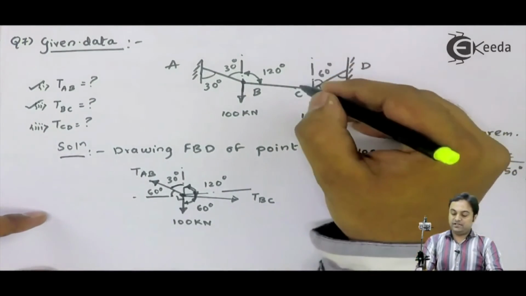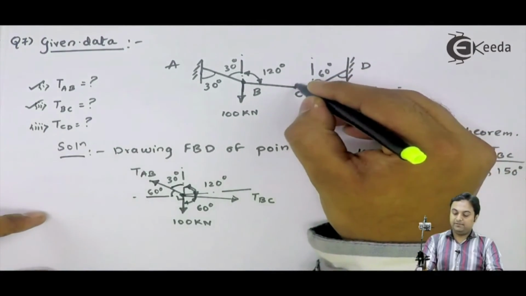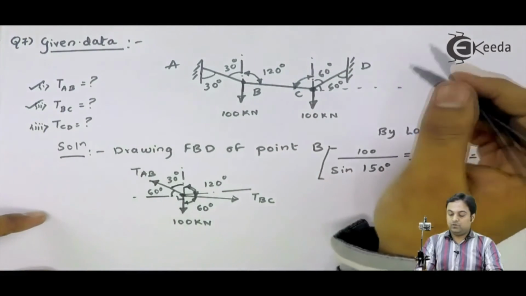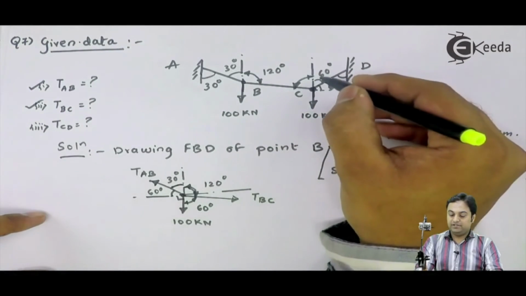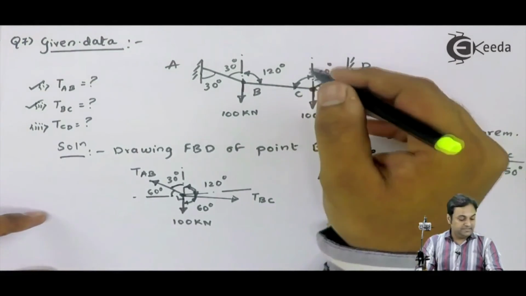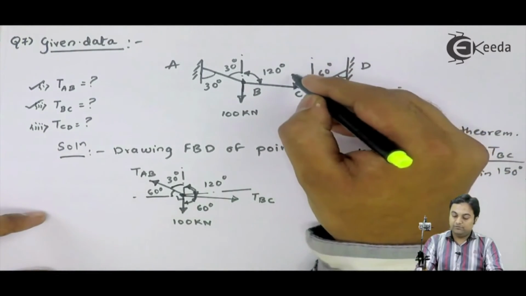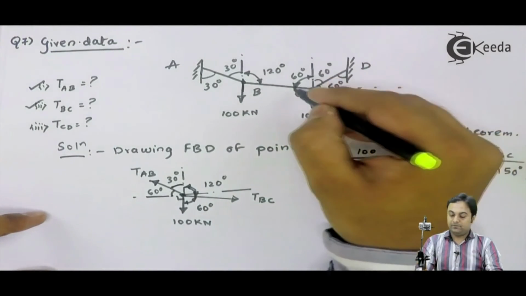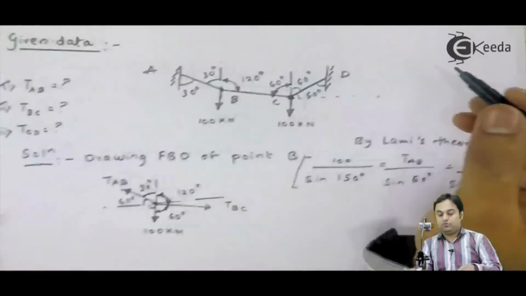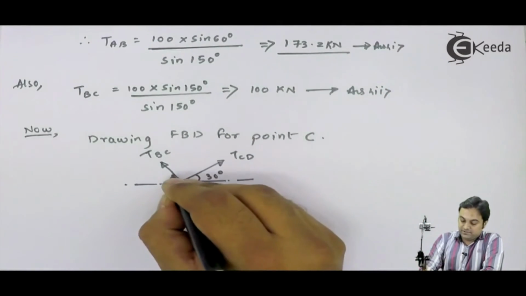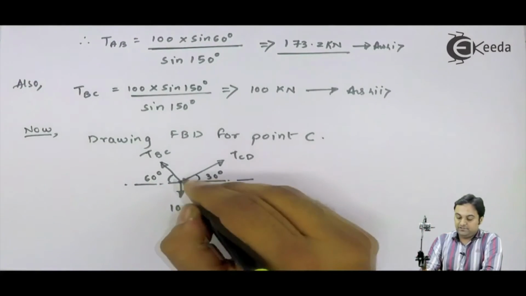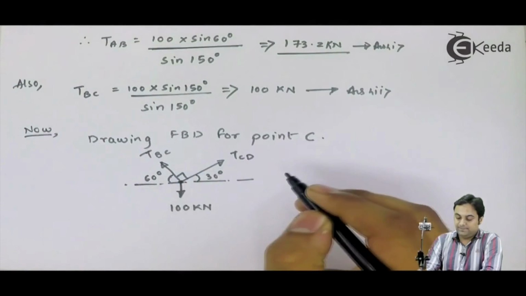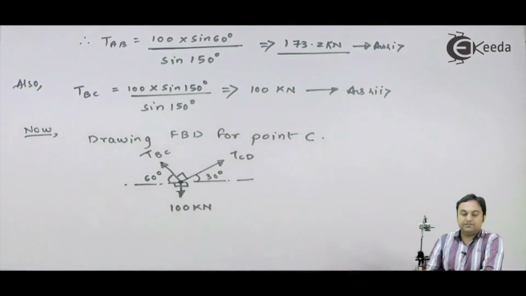Now after this I need to know what is this remaining angle. Now since here I have 120 degree, then 60 degree is the inclination on this side. So my TCD, this angle will also be of 60 degree. So that is 120. So now this angle is 60 degree. The remaining angle between them is 60 plus 30. So this is 90. Here I have 90 and even here it is 90.